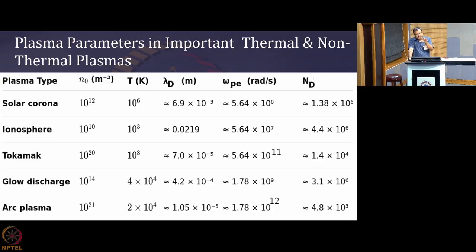So once these all are tabulated at one place, you can freeze your idea about what kind of density may happen in what kind of plasma, what may be the temperature there, what kind of Debye length you are expecting, what may be the plasma oscillation frequency, and what may be the number of particles within the Debye sphere.